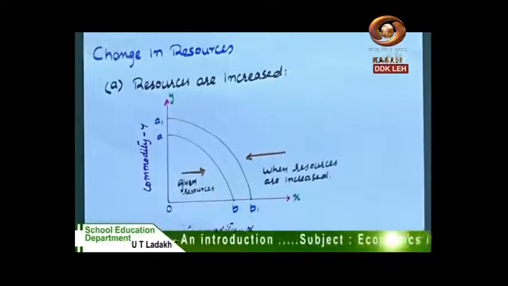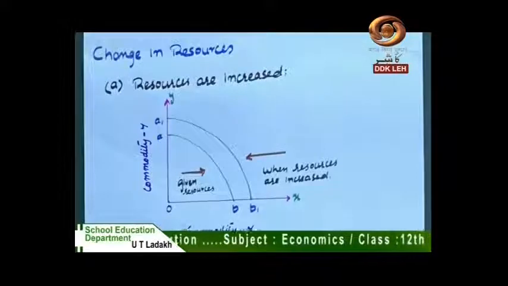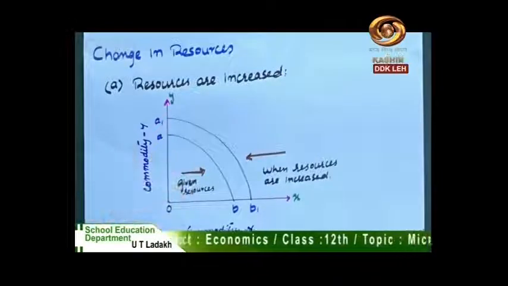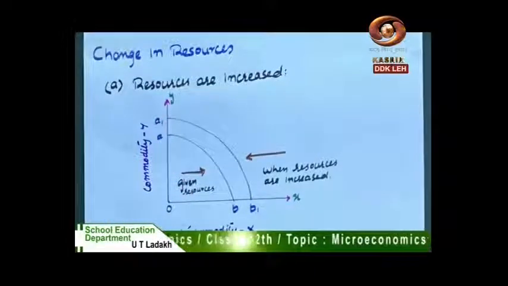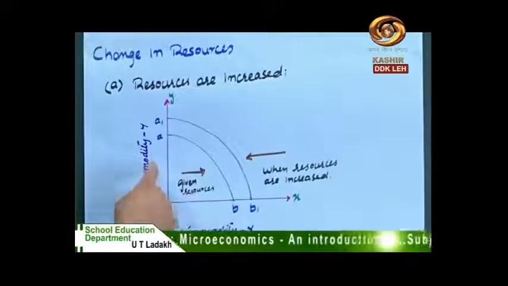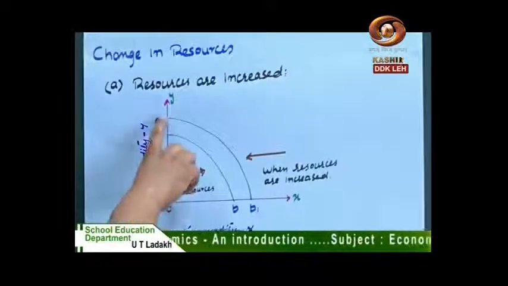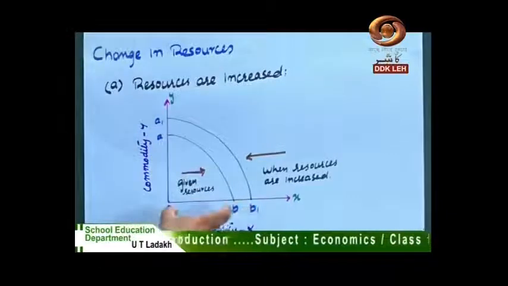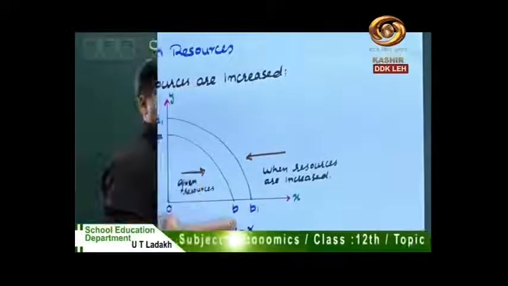With this, we are able to produce more of both the commodities. We are producing now commodity X from O to B1 and commodity Y from O to A1, which is more than that of the earlier. Here you see.